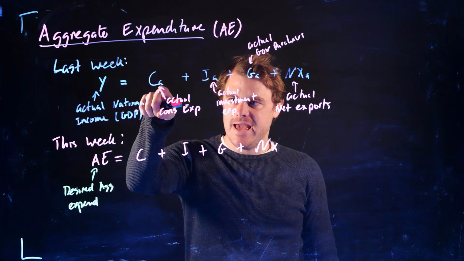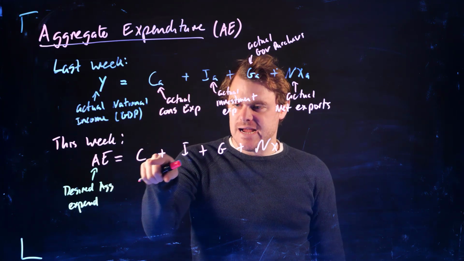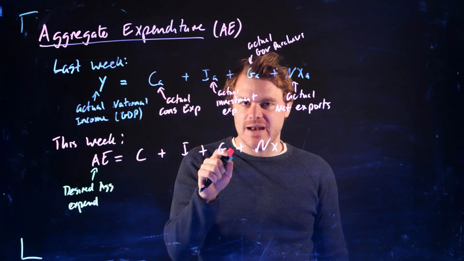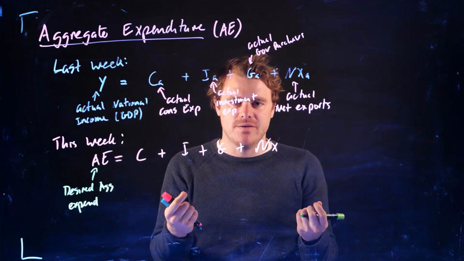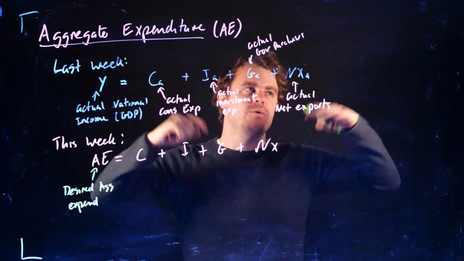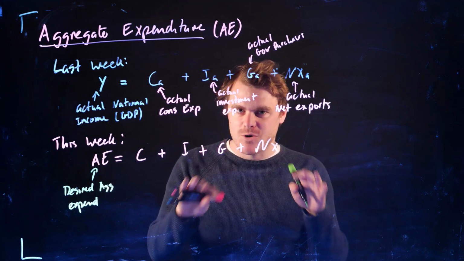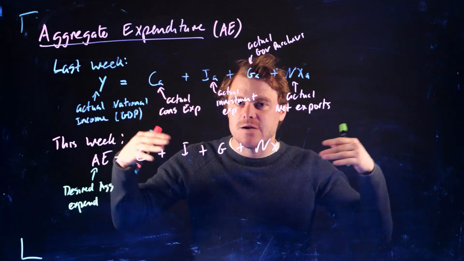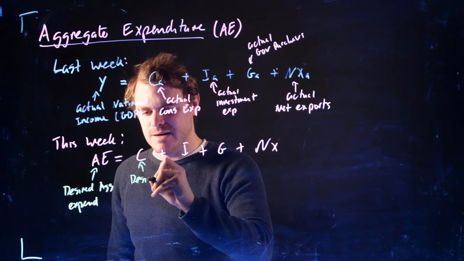The subscript A attached to the C meant the actual amount. Now when we leave out that A, it's this theoretical amount, this desired level of it. We'll talk specifically about what we mean by desire. It's not 'we wish we could all have this much money'; it's more realistic than that, but it's this theoretical amount. So this is desired consumption expenditure.